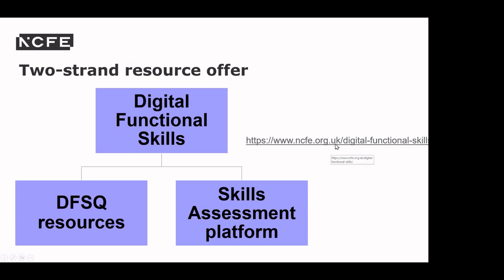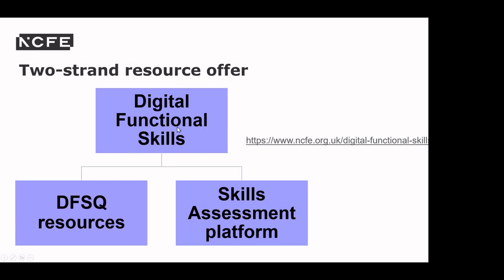So it's at the digital functional skills page on our website, because the package option consists of the registration for the qualification, access to our initial assessment and diagnostic tools, Skills Builder, and full access to all teaching and learning resources included on the platform, and the ones that you would usually need to download from the website and pay for from the website.